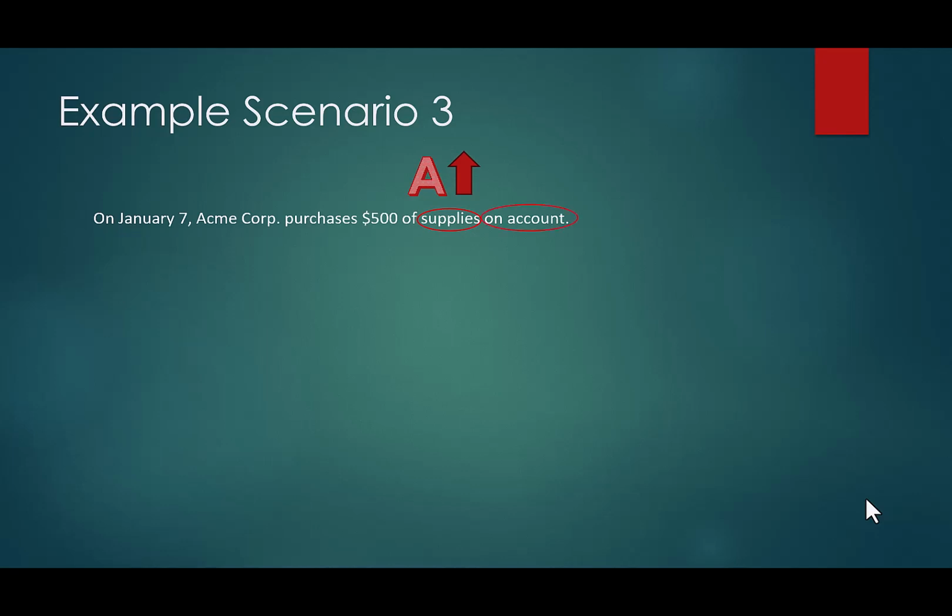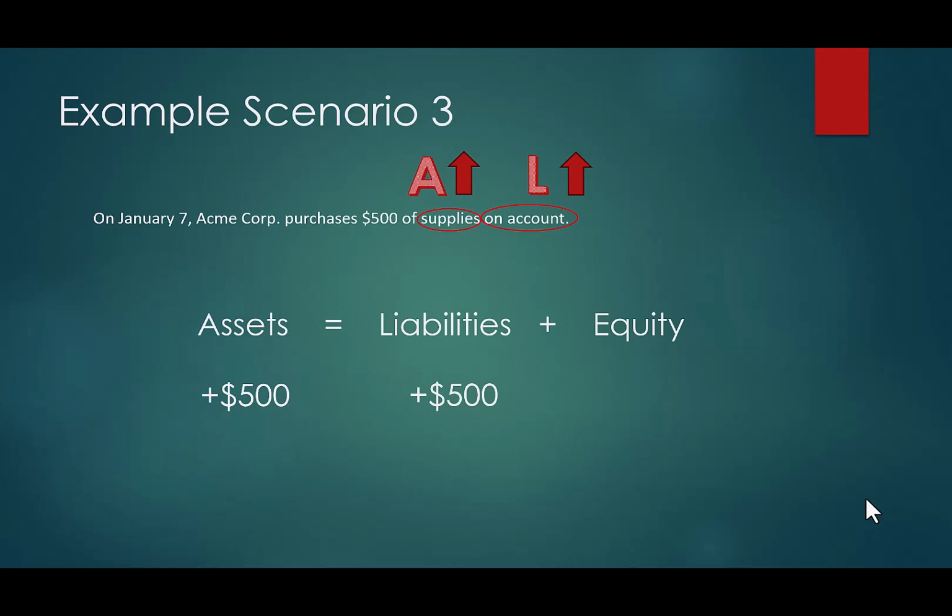So we know that our assets went up with the supplies going up, but we also know that our liabilities went up because we now owe money in the future. Lastly, let's pull up our accounting equation. In this case, supplies went up $500, but our liabilities also went up $500. The accounting equation balances, so we're good to go.